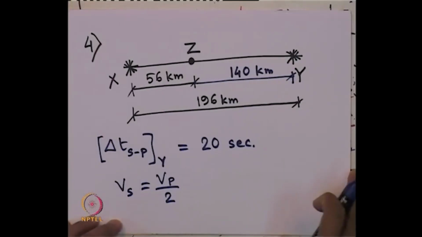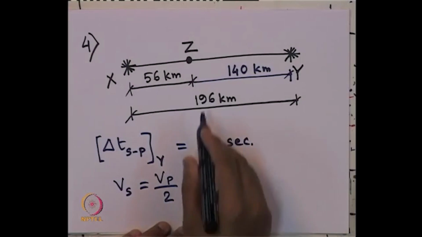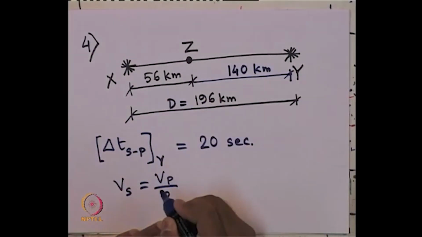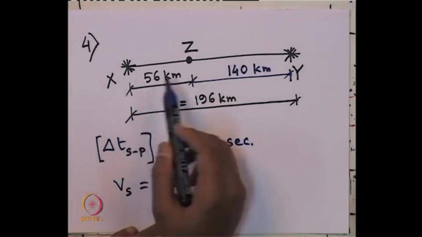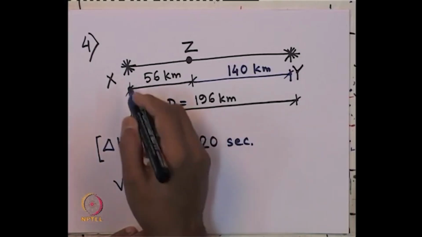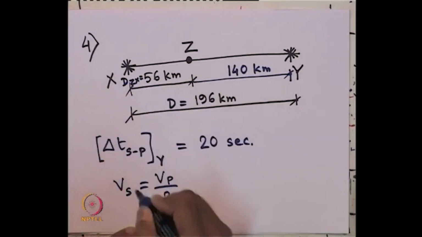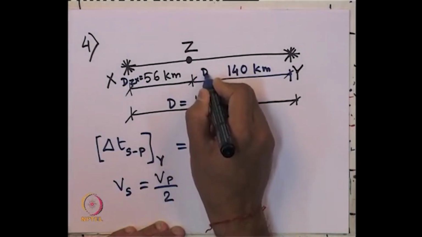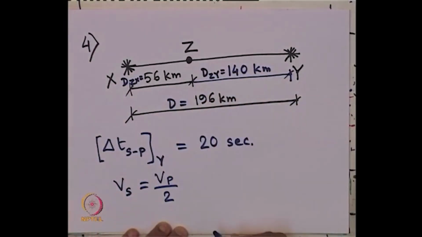And what is the distance versus time and velocity relationship? This distance d is 196 kilometers, d between X and Z is 56 kilometers. So, let us say this is d of ZX, the distance between Z and Y is d of ZY, which is 140 kilometers.